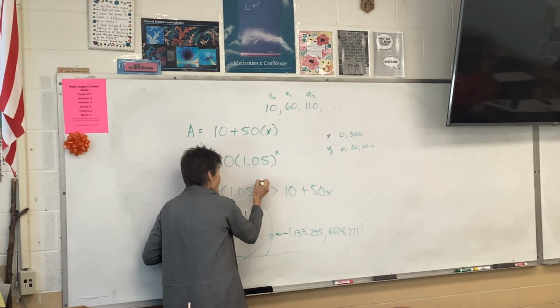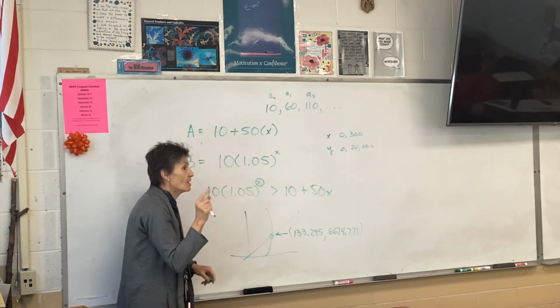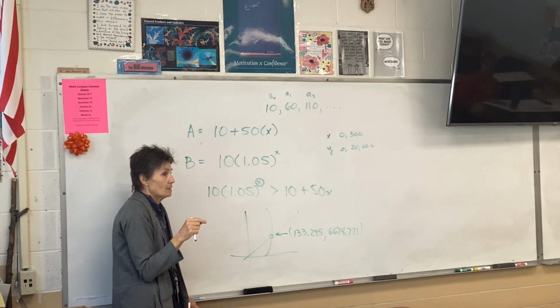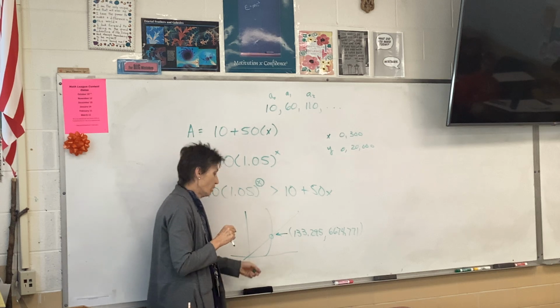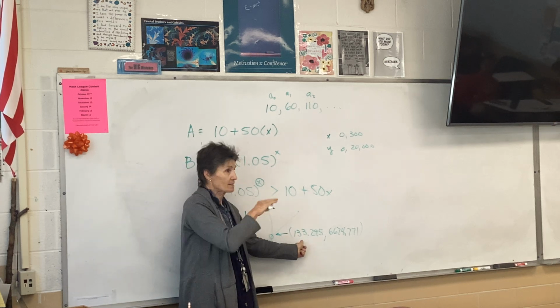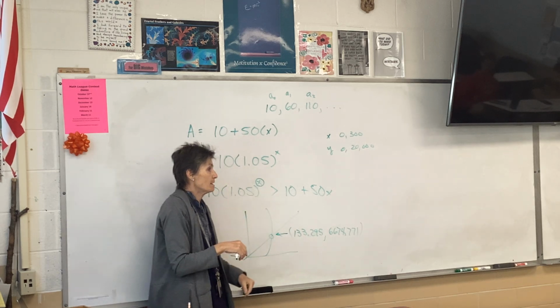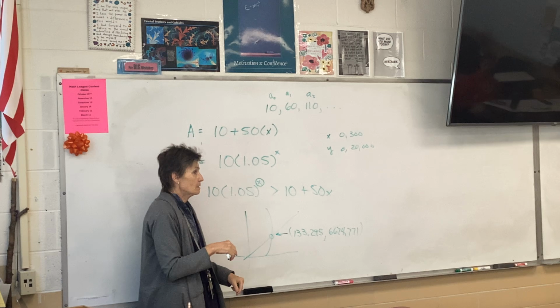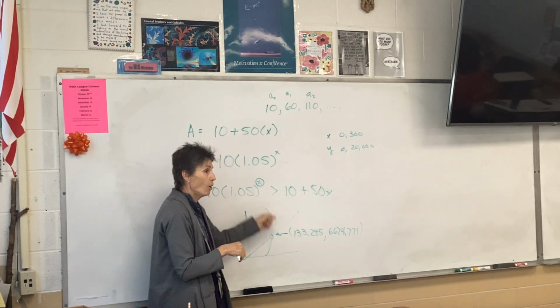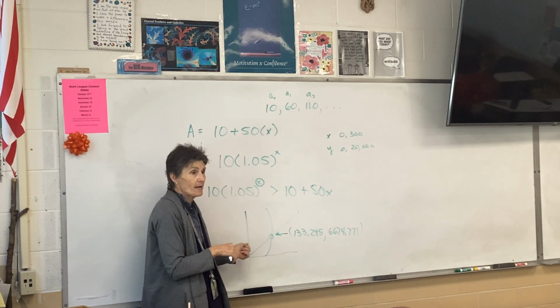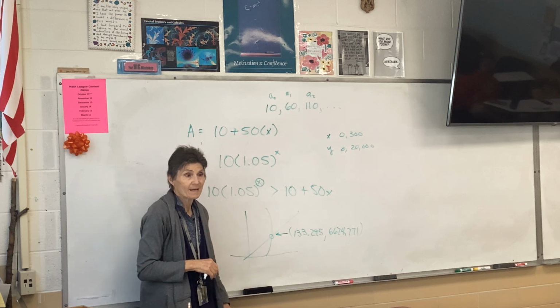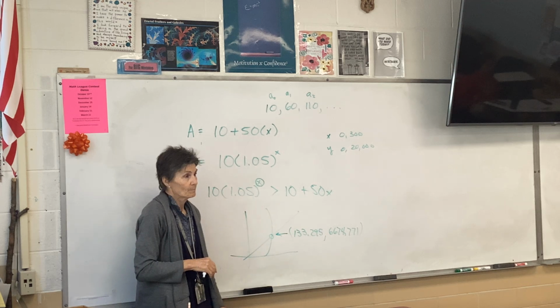So my X is the day. So when are they equal? They're equal sometime in the middle of the 133rd day. So on what day will B actually be taller than A? The 134th day will be the first day.